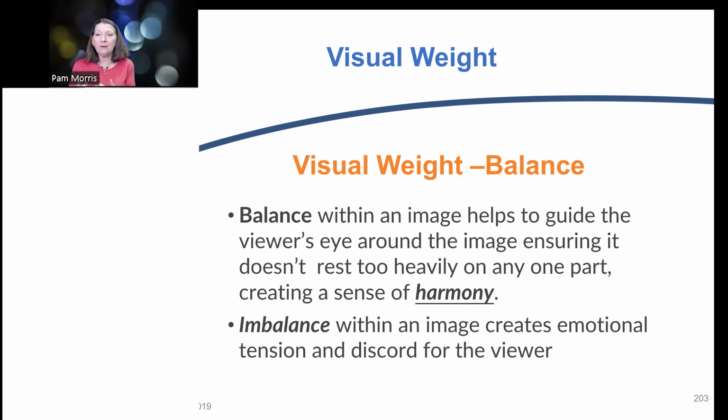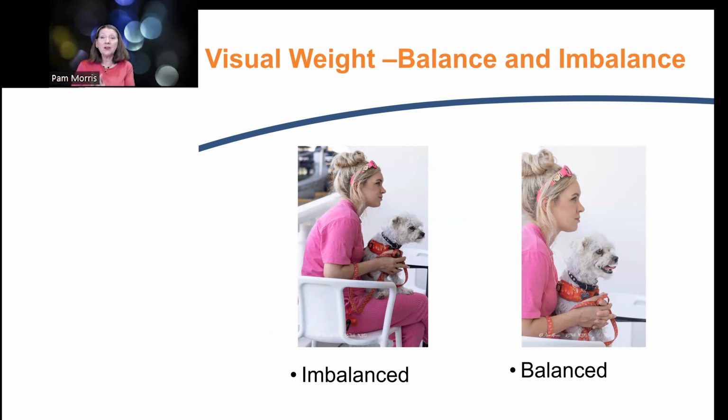But most of the time, if we're going to enjoy an image, we like it to give us peace and harmony. And that's what balance does within an image, is enables the viewer to be comfortable to keep revisiting this image. So when we're framing something up, we need to be quite aware whether it's balanced or imbalanced.